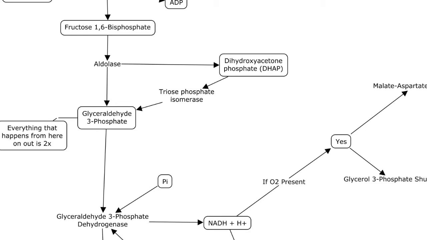Now we really want two glyceraldehyde 3-phosphates, so another enzyme, triose phosphate isomerase, is going to again make an isomer out of DHAP, and that's going to turn that into glyceraldehyde 3-phosphate, also known as G3P. So now that we've got our two glyceraldehyde 3-phosphate molecules, everything that happens from here on out is happening twice, because remember, we've basically got two molecules at this point.